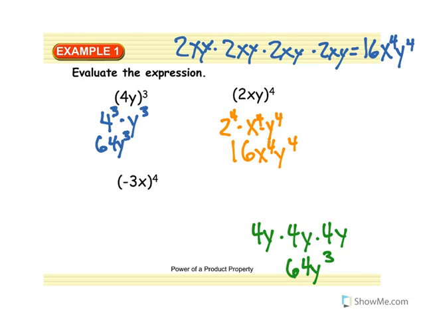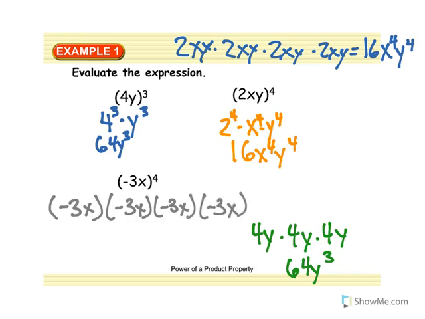The negative coefficient is going to be a little bit tricky. So it's probably a good idea to expand this, right? So this is negative 3x times negative 3x times negative 3x times negative 3x. So negative 3 times negative 3 times negative 3 times negative 3 is positive 81. x times x times x times x is x to the fourth. Now, if you want to use the rule, that's great.